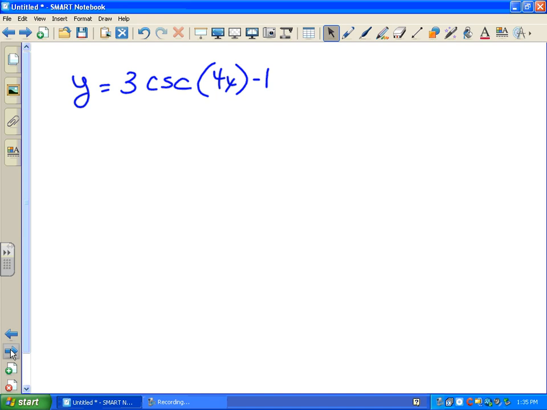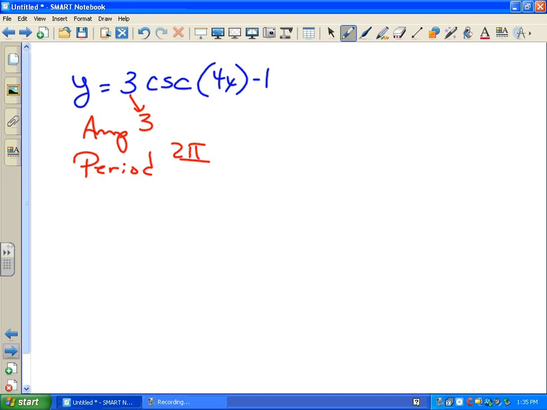All right, so in this case, we are looking for reflection. Do we have it? We do not. So our amplitude is just going to be what? Just 3, this number in front. Our period this time is definitely not going to be 2 pi because we have a number in front of x now to use to find a new one.